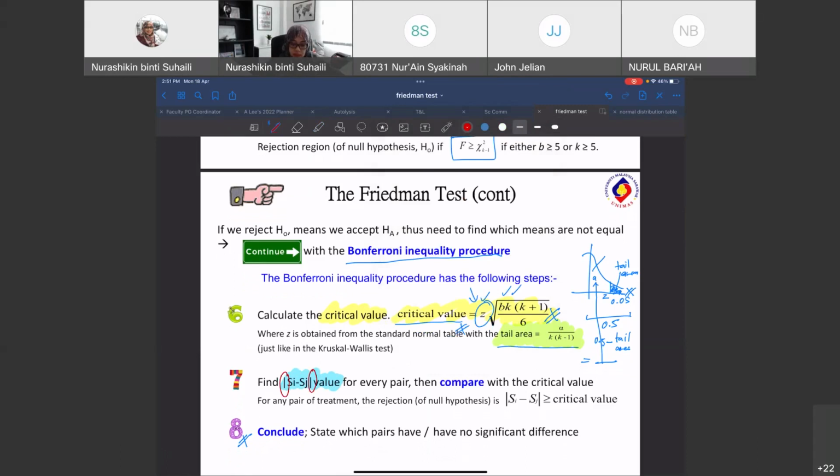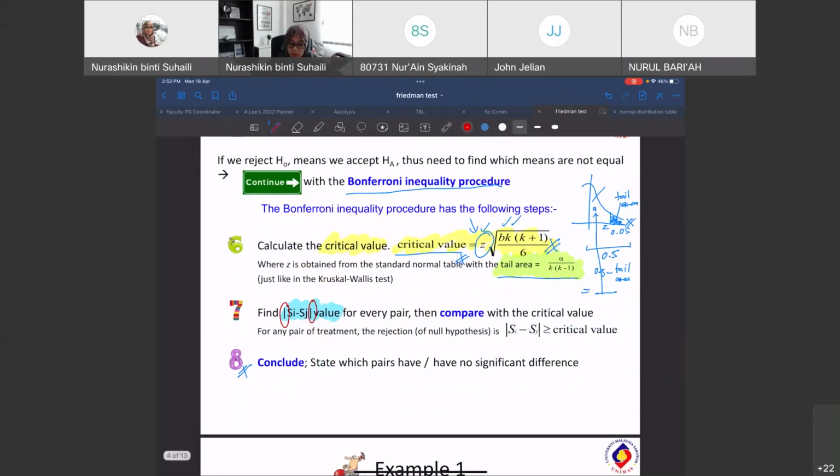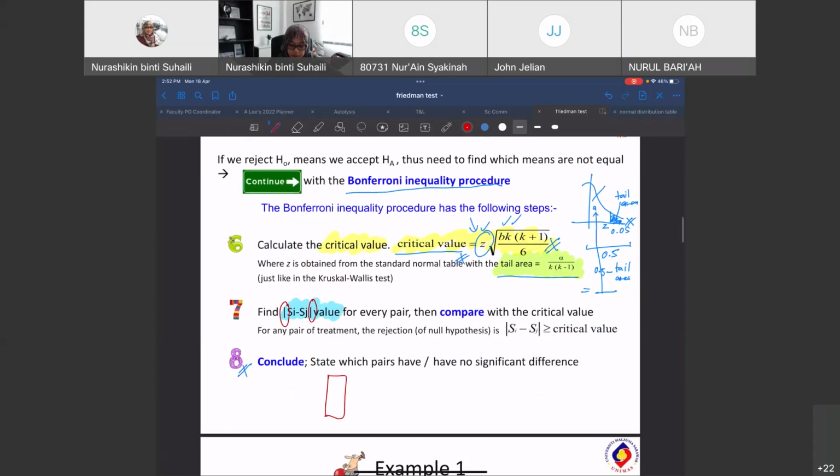So Sij, you actually develop or you match, you create possible pairs. The same thing like Pascal-Wallis. Let's say you have 3 samples, whatever, sample 1, 2, 3. So Sij could be S12, S13, S23.